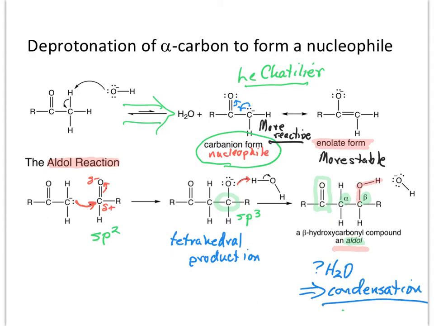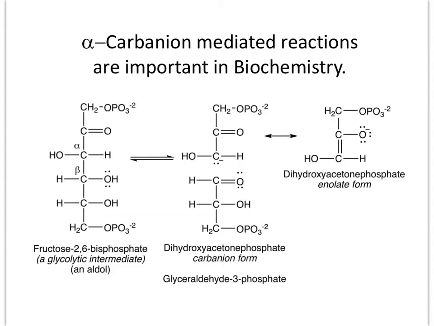Okay? Now, I know a lot of people are taking this class because they want to use organic chemistry as a mechanism to learn about biochemistry. And so alpha carbanion mediated reactions like that are important in biochemistry.